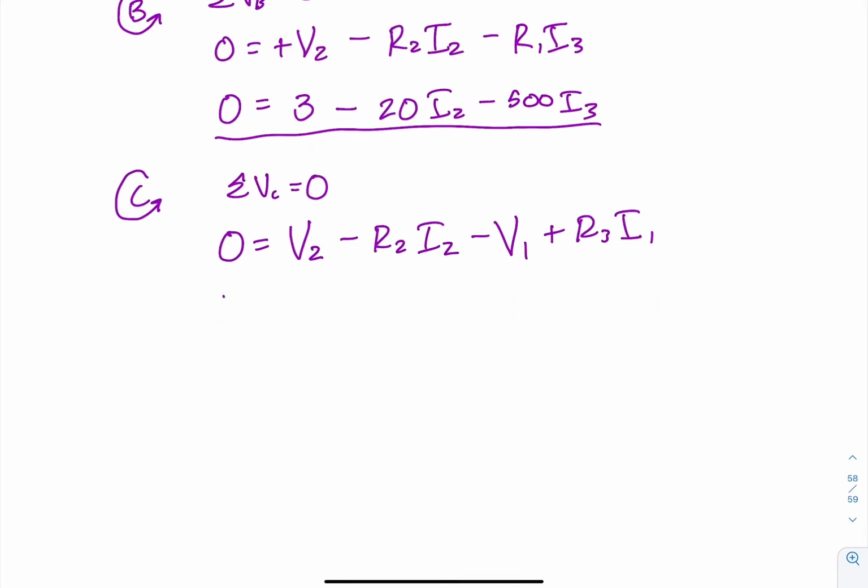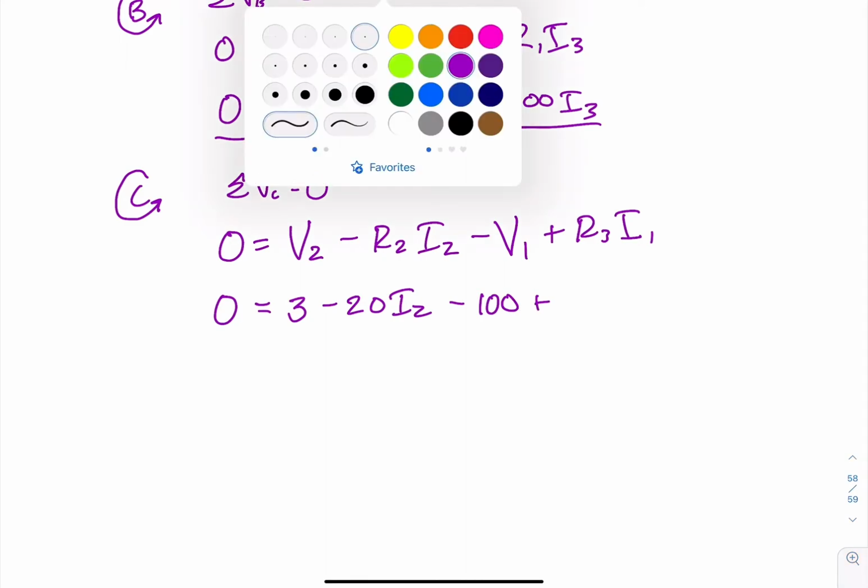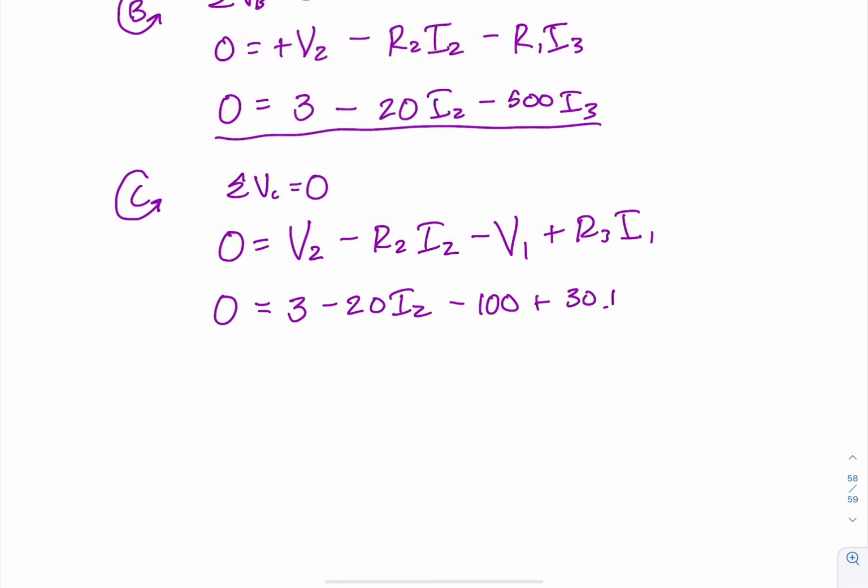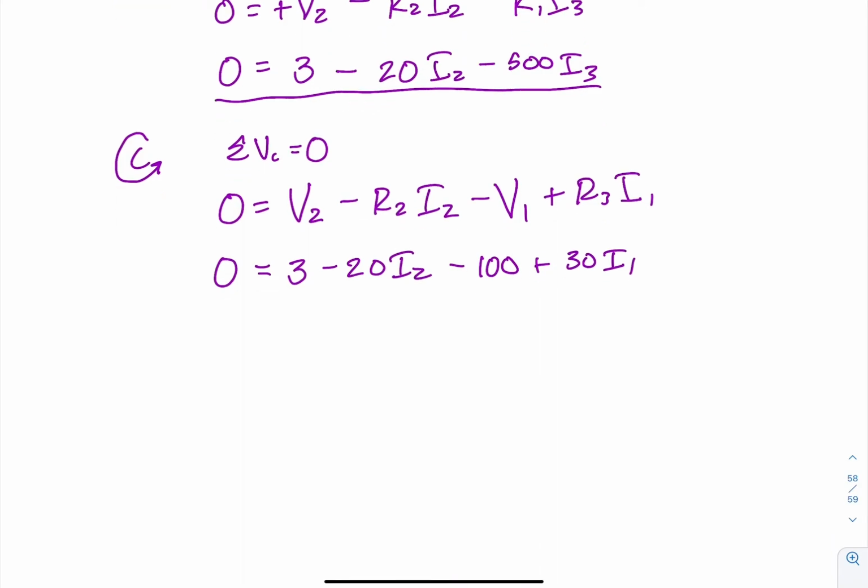So I can go ahead and input those values as well, where we get 3 minus 20I2 minus 100 plus 30I1. And we can combine the 100 and the 3 to get negative 97.